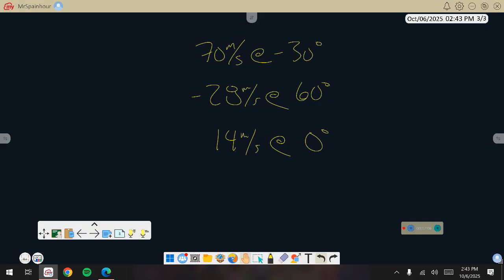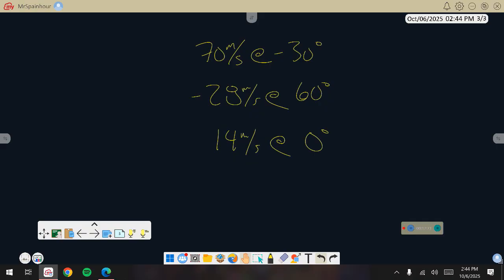Next, 14 at 0 degrees. You really don't need a protractor for this as long as you make sure as much as possible that it is horizontal. Just make sure you draw a line that is exactly 8 centimeters in that direction.